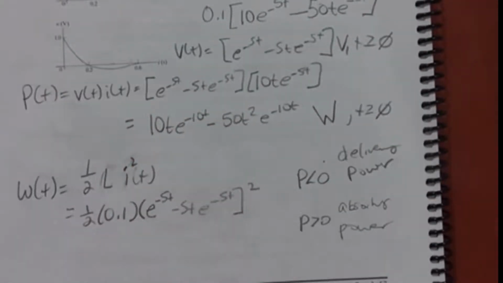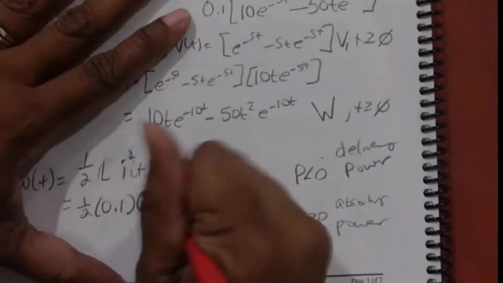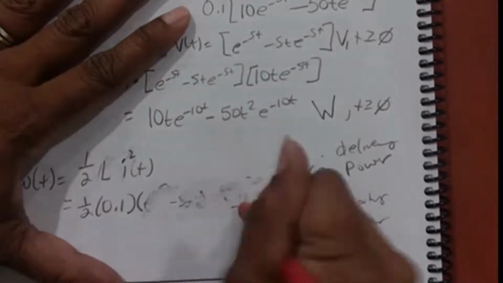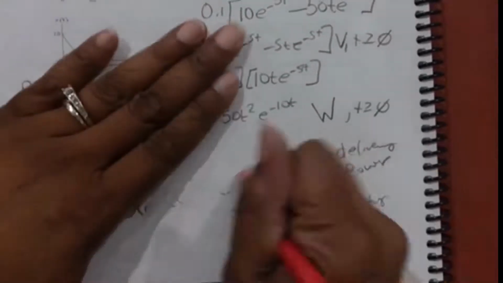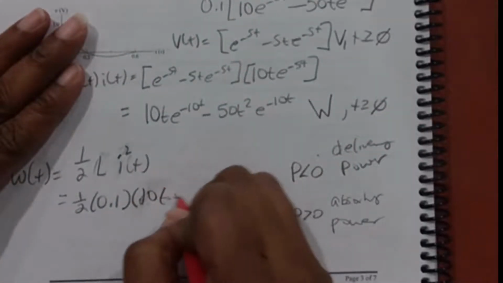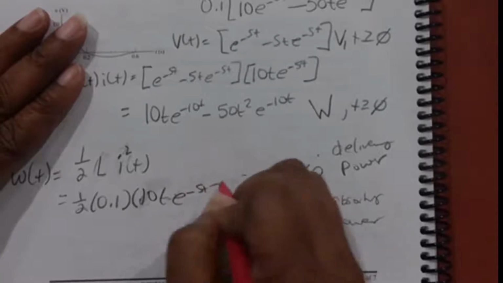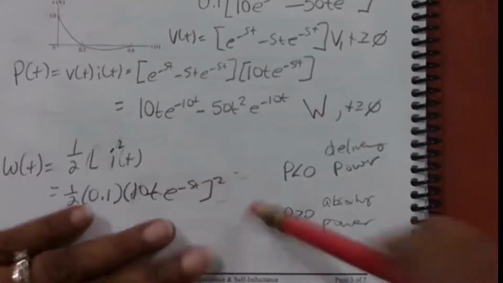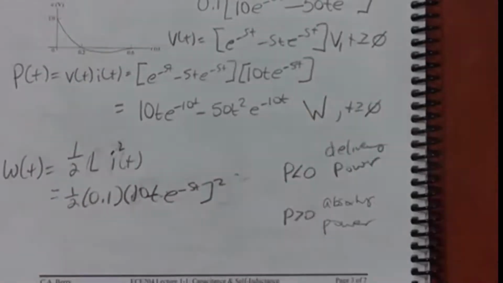Okay. 1/2 L i of t squared. So it's actually the current, and the current is 10t e to the minus 5t. Sorry about that. It's 1/2 L i of t squared. So it's 1/2 times 0.1 times the quantity 10t e to the minus 5t, squared.